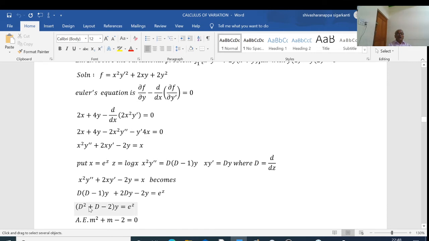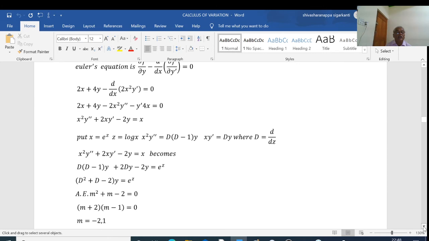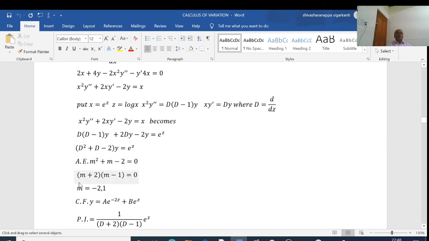And to find the solution here, we have to find the complementary function and the particular integral. To find the complementary function, the auxiliary equation is m square plus m minus 2 equal to 0. Solving this auxiliary equation by factorizing, we get m plus 2 into m minus 1 is equal to 0.